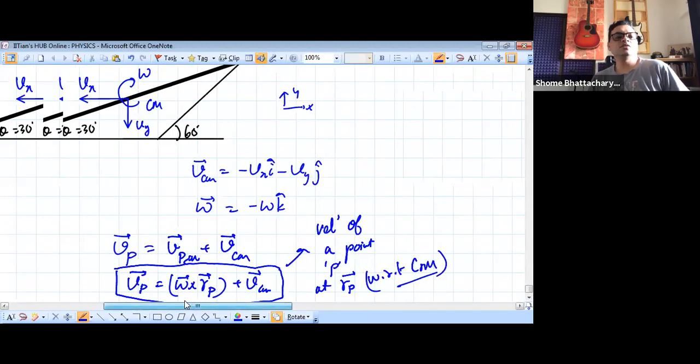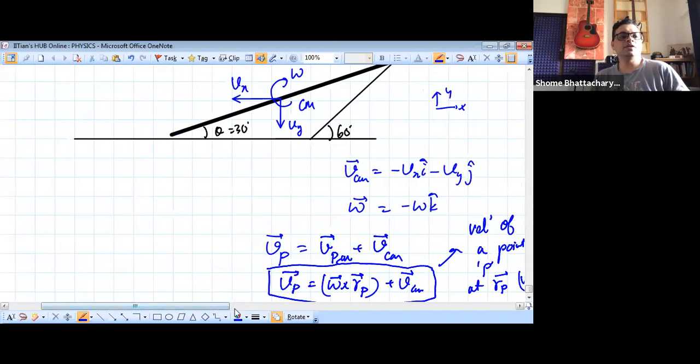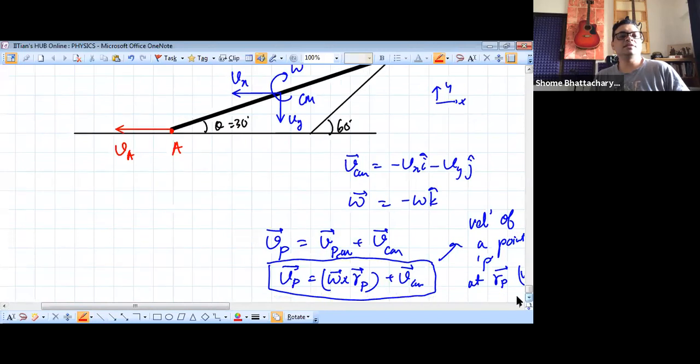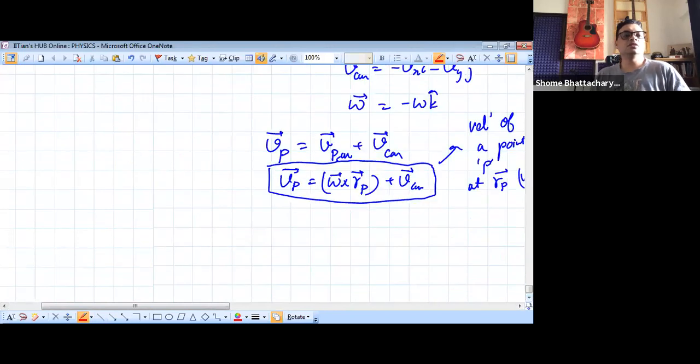So now let us apply that concept to the point E, which is this point here. Now this one's velocity we know is in this direction. So ये जो velocity VA है, it is actually the sum of these two things.